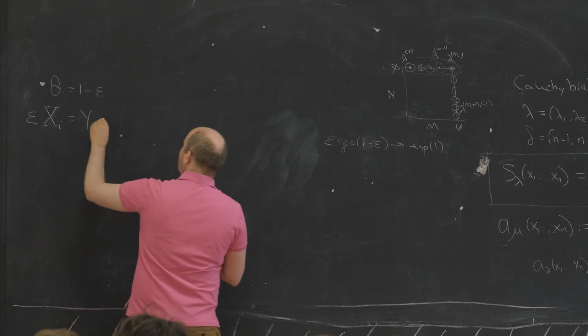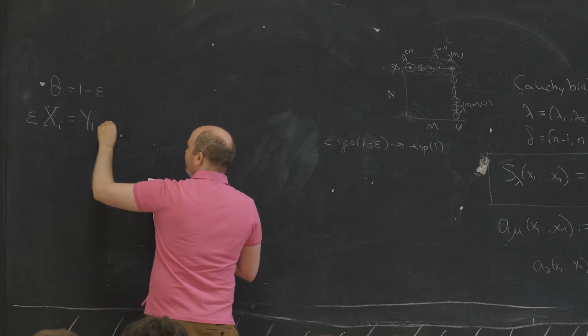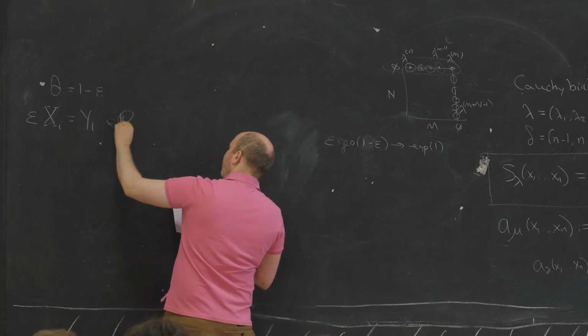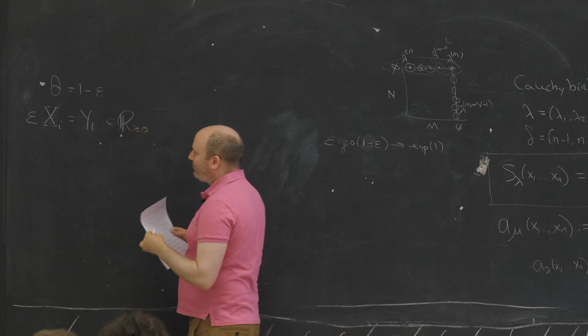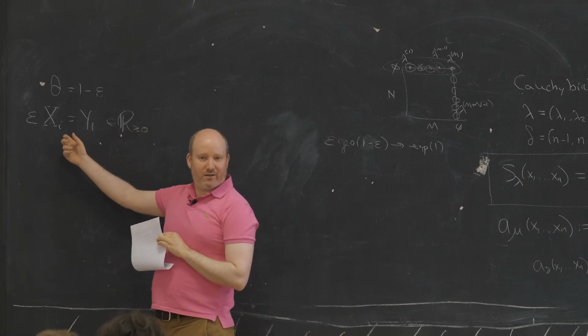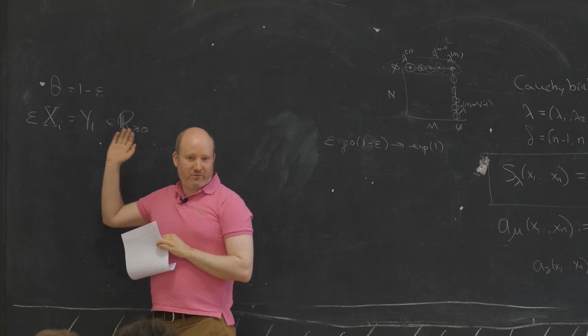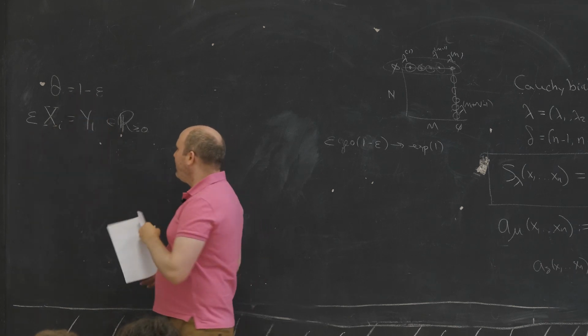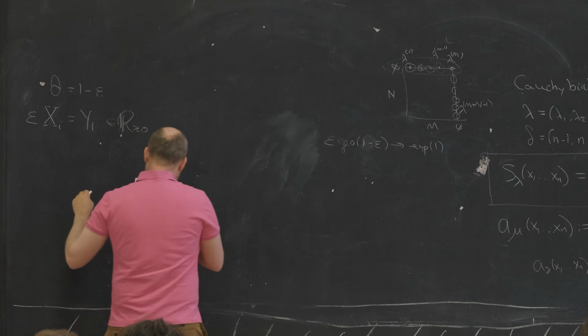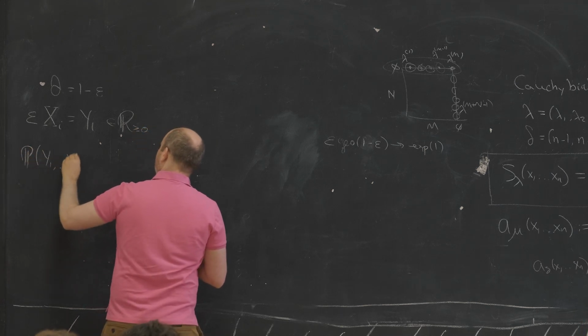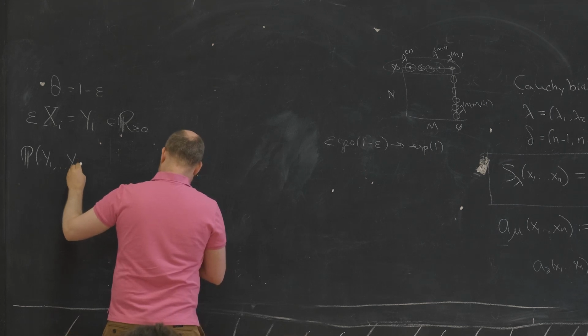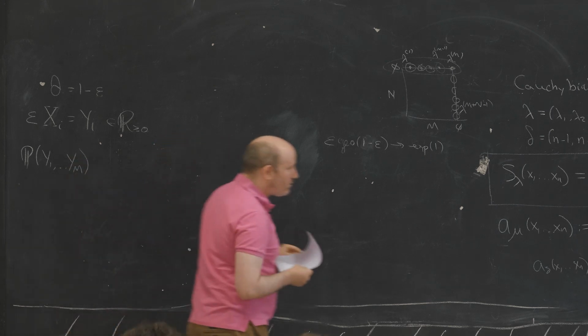And now these y's you should really think of as living in the real line, or the positive reals. Well, a priori they live in an epsilon net, an epsilon times Z, but when epsilon goes to 0, you get a measure on y1 through ym, I guess. Is that right, m?